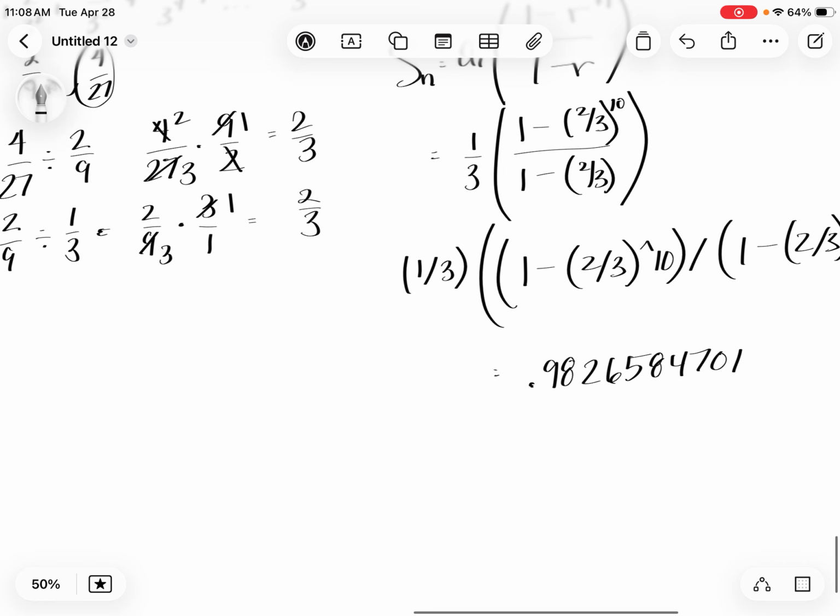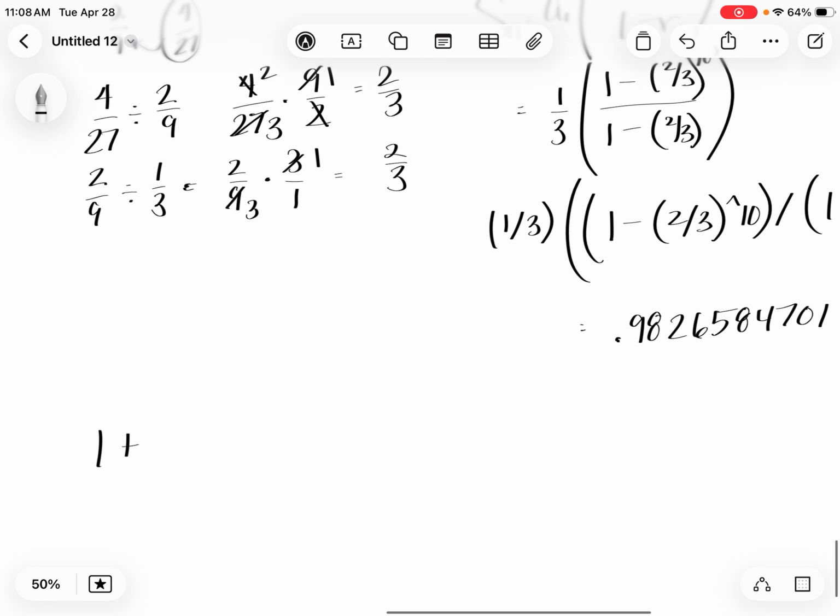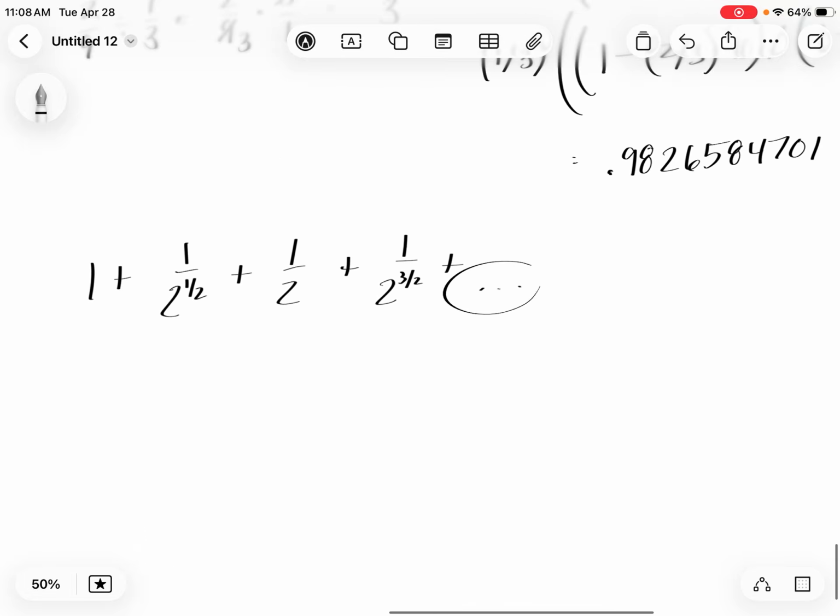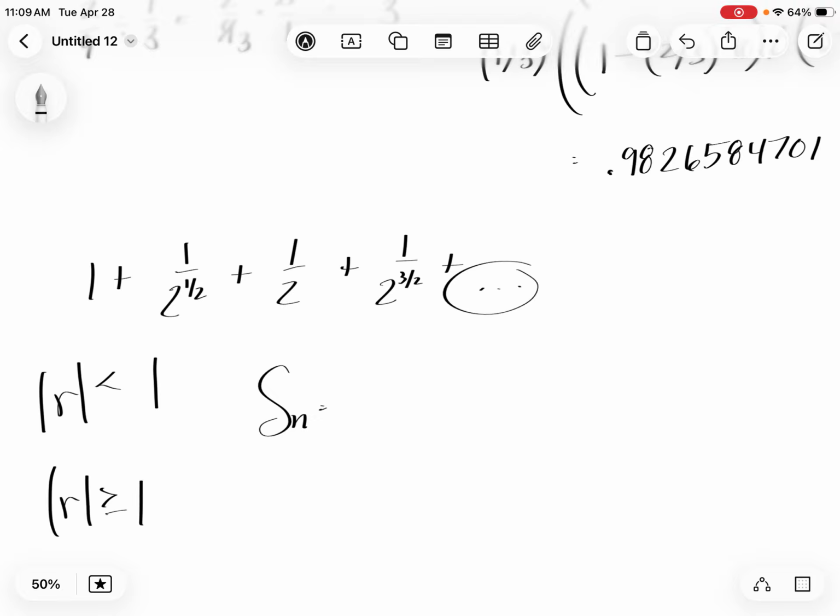For part B, this one appears to go on forever. So if the absolute value of R is less than 1, then we can continue. If this is greater than or equal to 1, it's no sum.